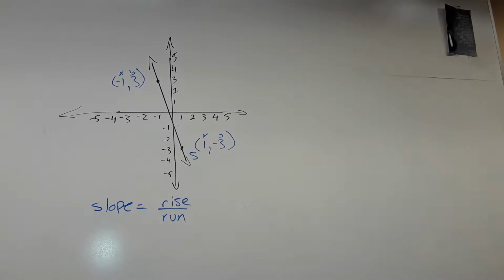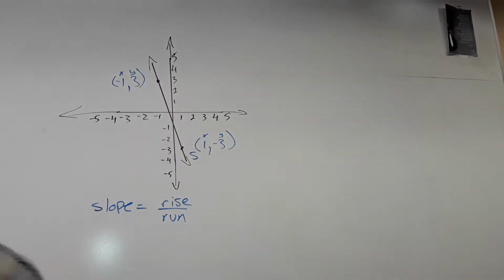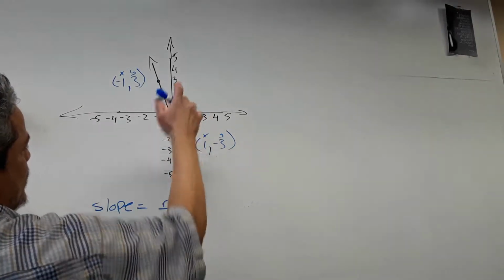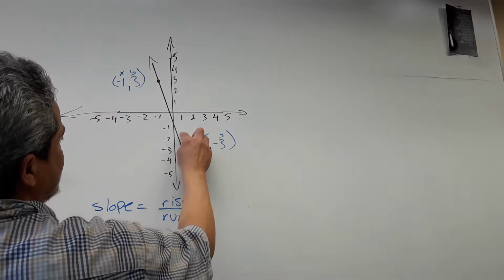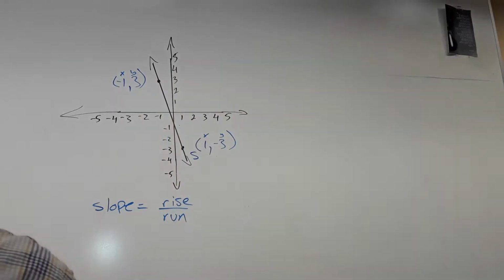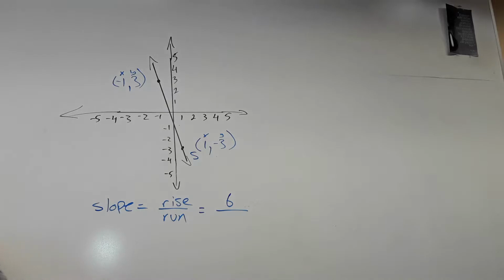So the rise and the run. To get from here to here, if you want to go up, we could go up: 1, 2, 3, 4, 5, 6. So the rise is +6.